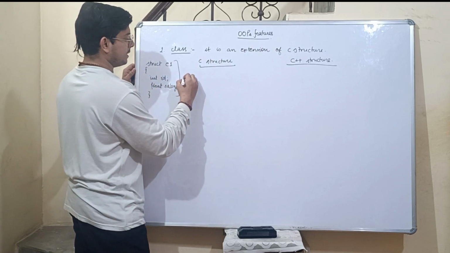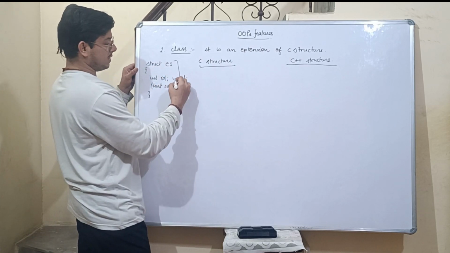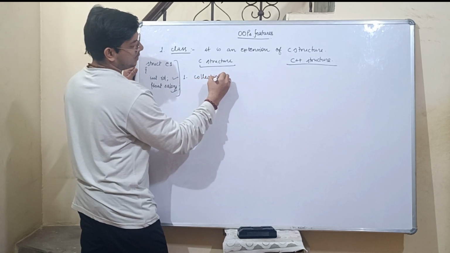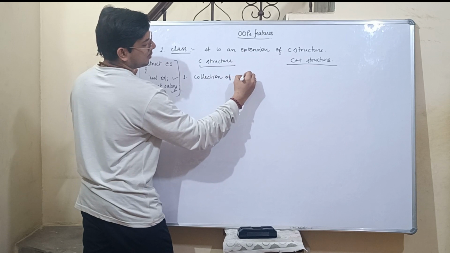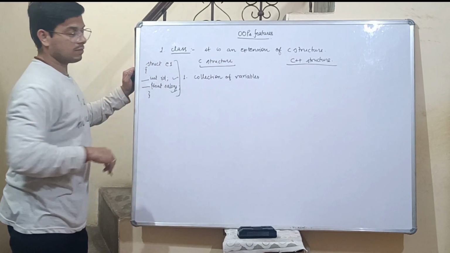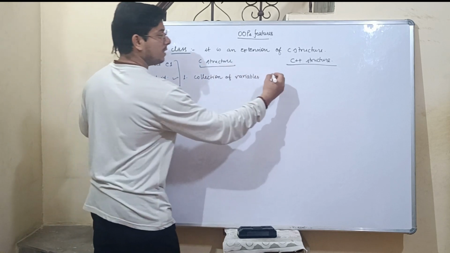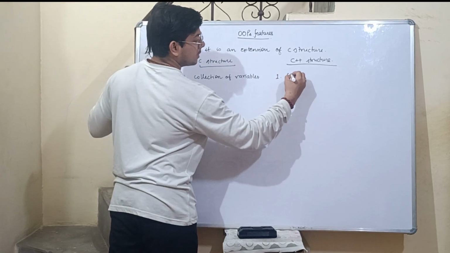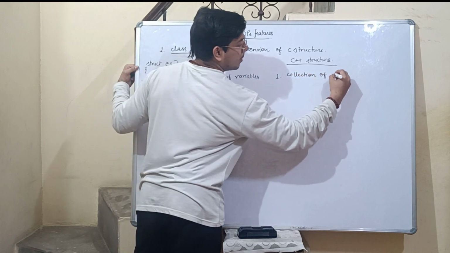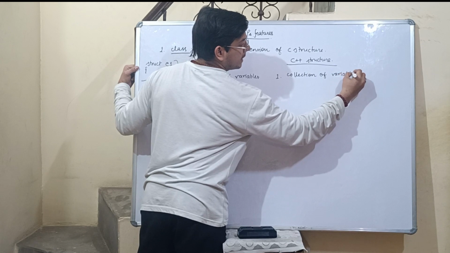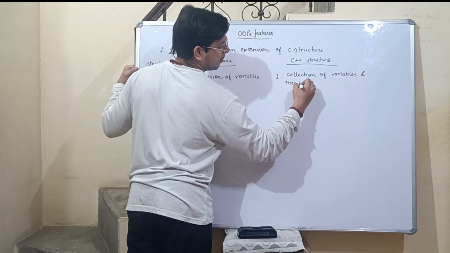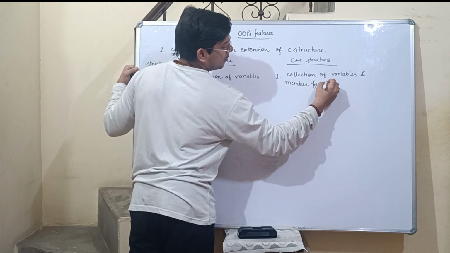So the first is C structure, as you can see, is the collection of variables. See, ID and salary. Okay. C++ structure is collection of variables and member functions.